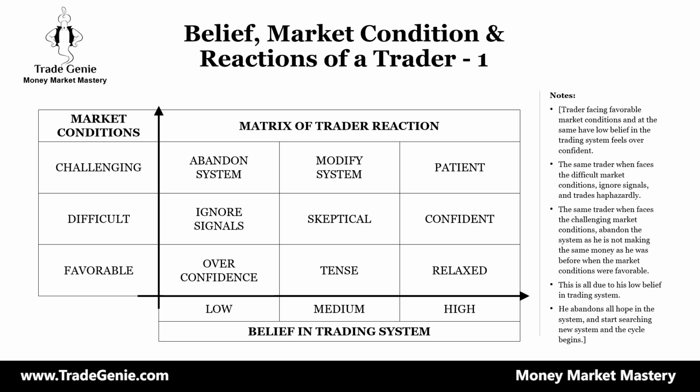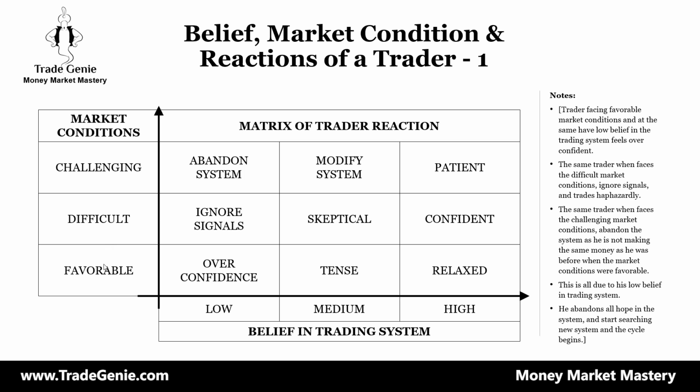And because the market condition is challenging, one day it goes up, one day it goes down, and you're not aware of it, and you don't pay attention. That trend system, plotting the line through two highs, doesn't work. Next day it goes down, or it gaps down on the other side of the trend line. So you abandon the system. So this is what's going on based on the belief we have and the market conditions.